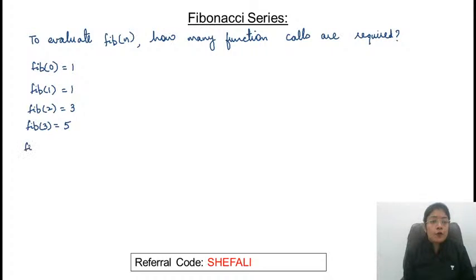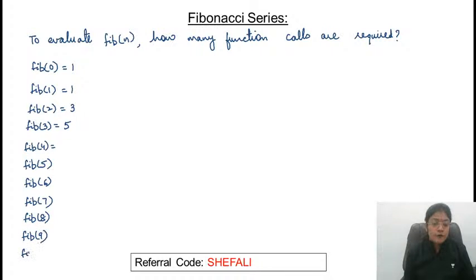For Fibonacci 4, I want you to find it, and still Fibonacci of 7, Fibonacci of 8, Fibonacci of 9, Fibonacci of 10.